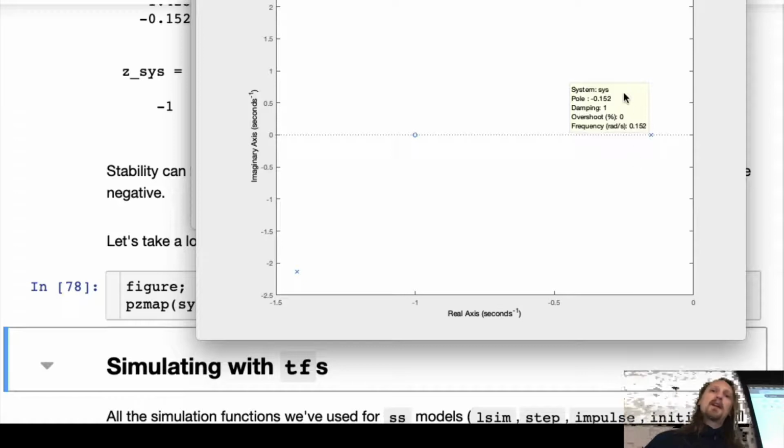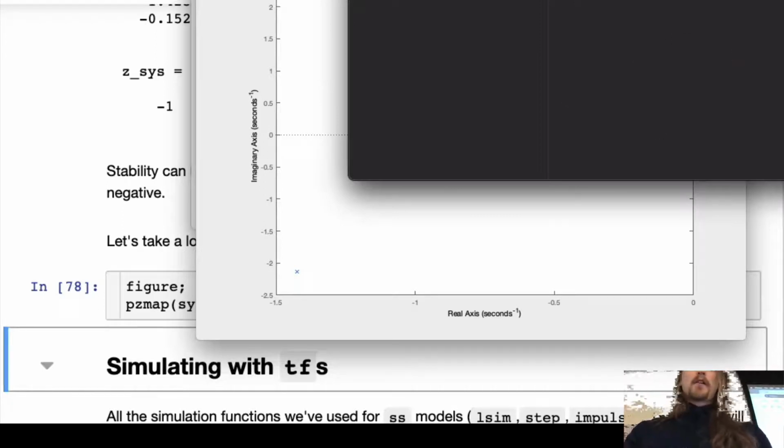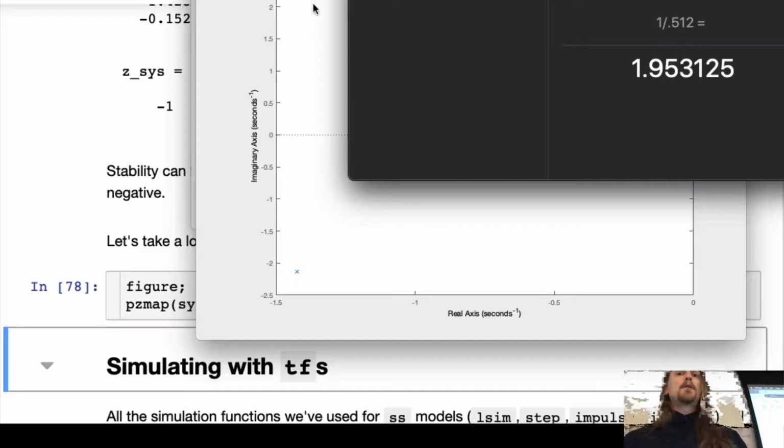And it's going to dominate at a time constant of, so the pole is at negative 0.152. So the time constant is the reciprocal of that. So 1 over 0.512 is about 2 seconds.